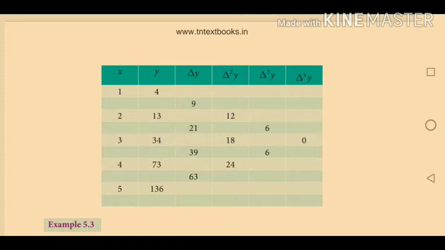Now delta square y, we use the third column, that is delta y. 21 minus 9 equal to 12. 39 minus 21 equal to 18. 63 minus 39 equal to 24. Then delta cube y, we use the delta square y, that is 18 minus 12, 6. 24 minus 18, 6. Then delta 4y is found by 6 minus 6 equal to 0.